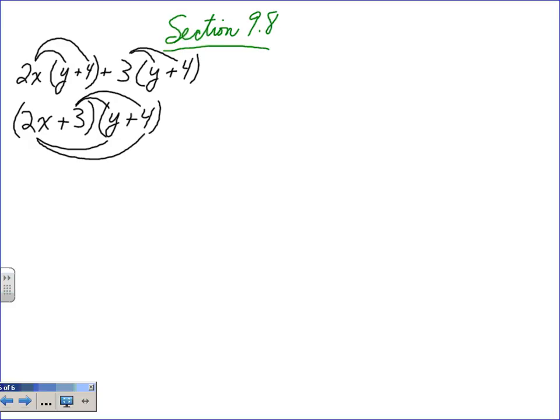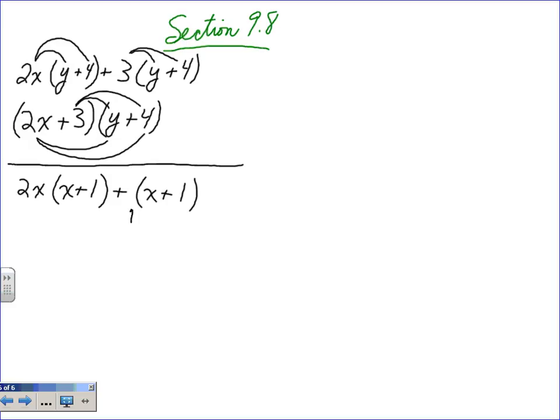Let's try a different problem. Let's try, I don't know, 2x times (x + 1) plus (x + 1). Is there a number in front of this (x + 1)?